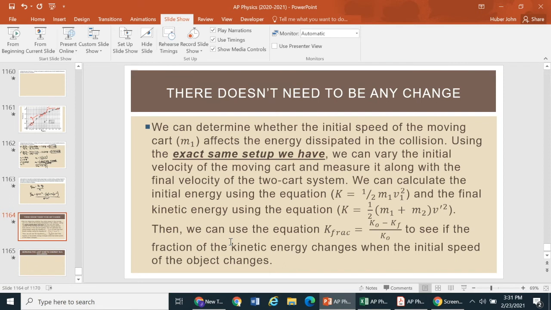Why would it make sense that it would? Well, if the cart's going faster, it's going to have more kinetic energy. So there's going to be like a bigger crash involved with the collision. Might that deform the carts more and end up making the thing lose more energy? I don't know. Of course, the obvious answer to the question is there's only one way to find out.